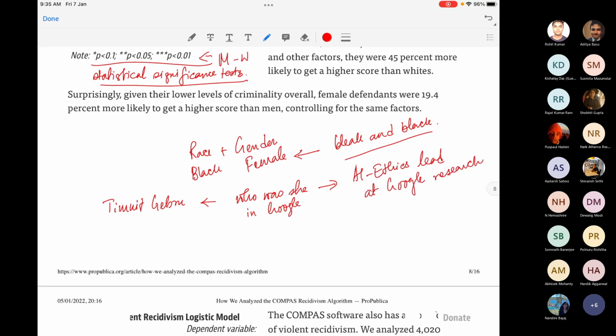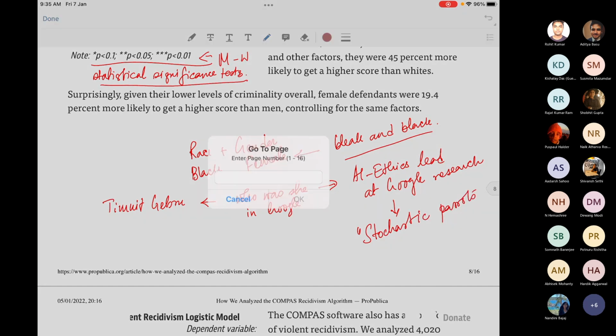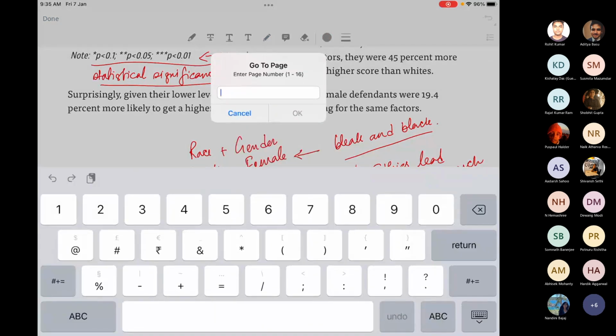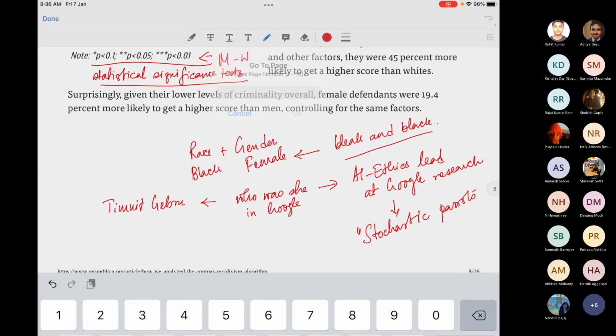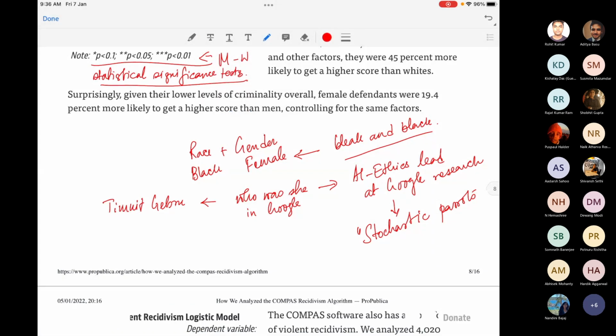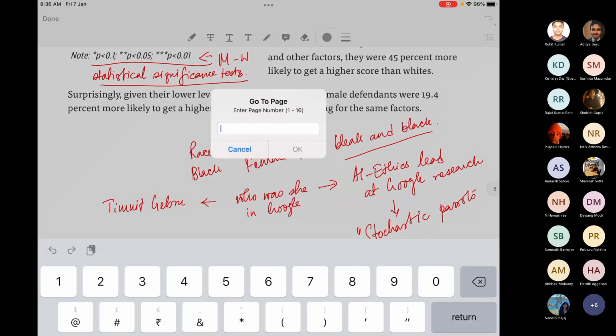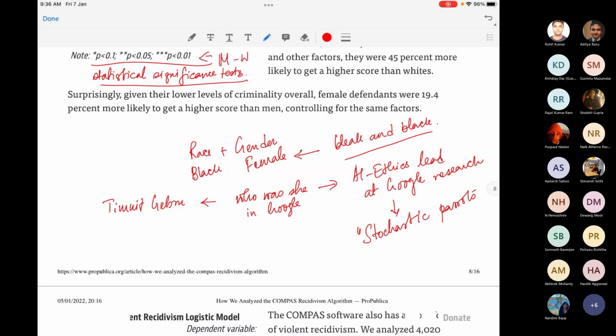Now she wrote a paper. If you are interested, you can go back and search with the keyword stochastic patterns: the case of large language models.